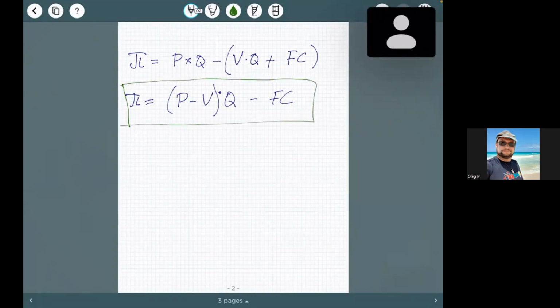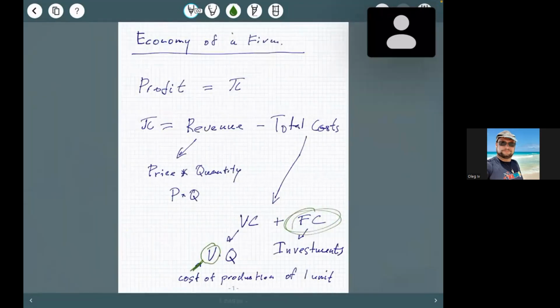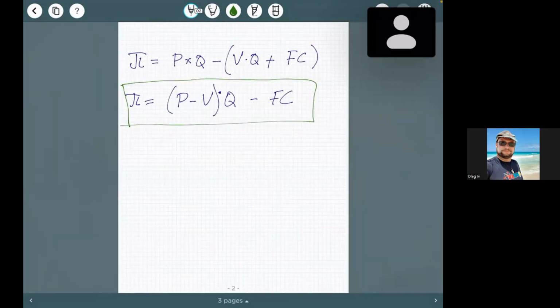So this one is pretty much the formula we're going to work with. You can remember it, or you can derive it from the simple concept that profit is revenue minus total cost. It really helps to derive it so you can understand the logic of where it came from, and it really helps to solve more complicated problems.